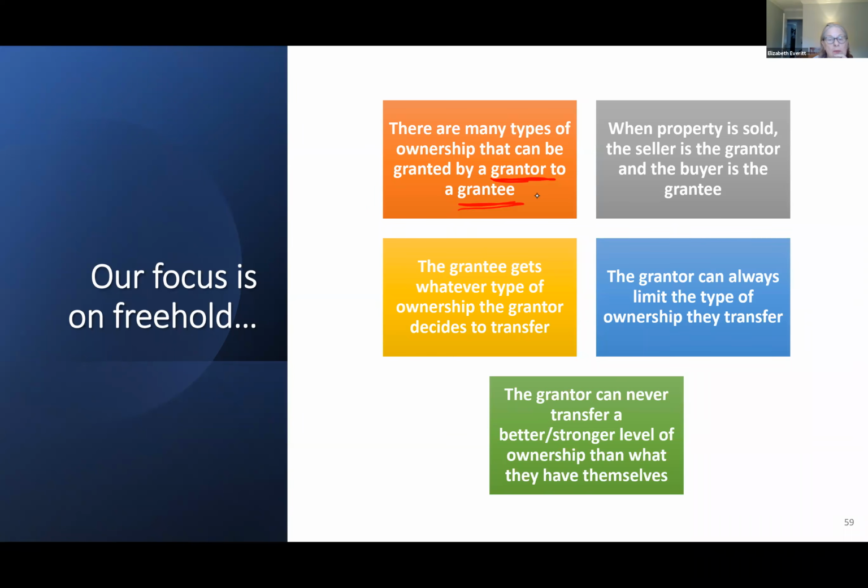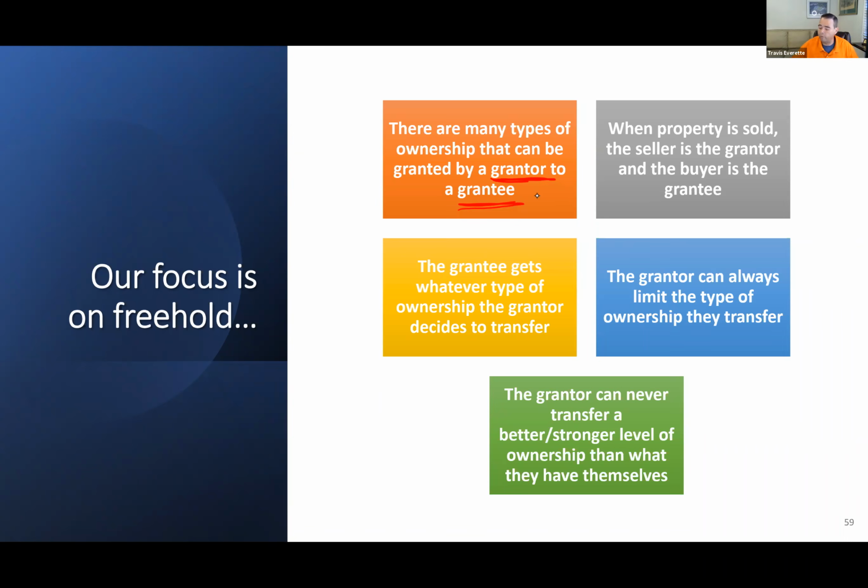The one giving it away, right? So that's the reason we use the terminology grantor and grantee, because it covers every possible transfer of ownership, right? It deals with every possibility. The most common is obviously the sales transaction where the seller is the grantor and the buyer is the grantee.